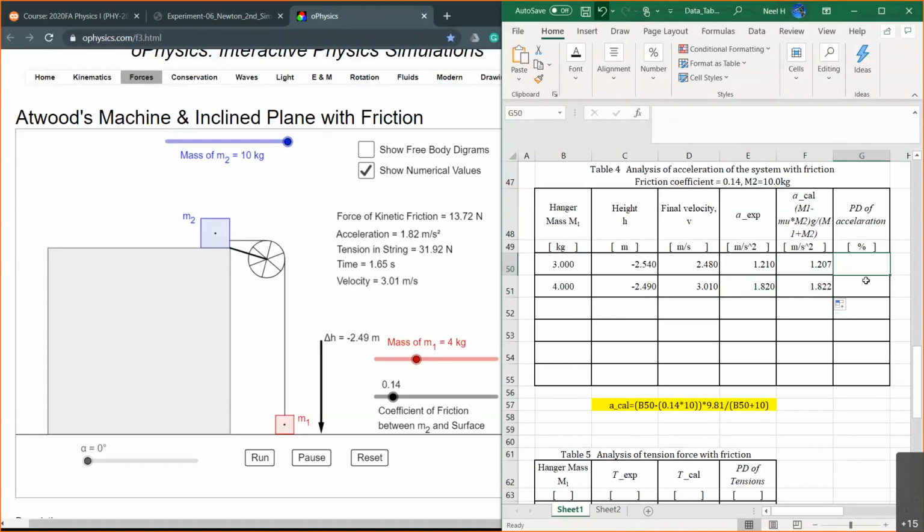Let's do percentage difference also with accelerations: equal sign, ABS, parentheses, expected minus experimental, divided by double parentheses, expected plus experimental, close bracket, divide by 2, close bracket again, multiply by 100. And you can click and drag to do the next calculation. Question.